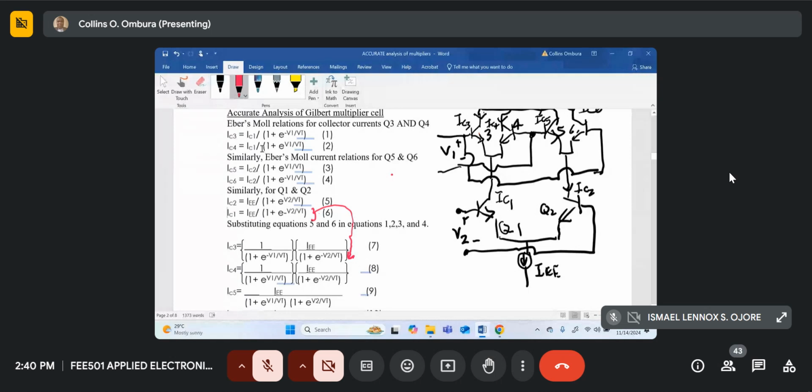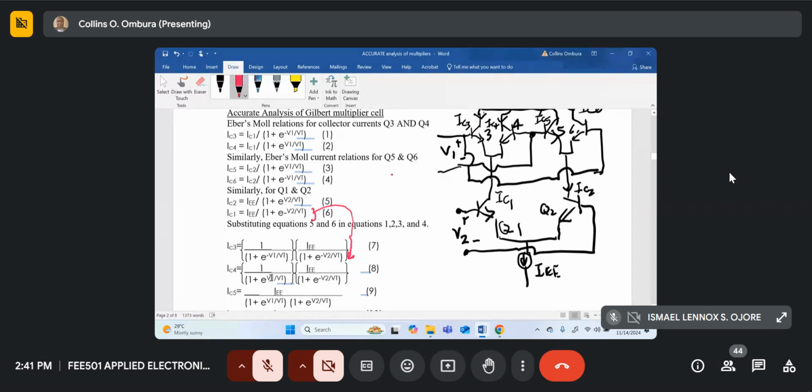If you check carefully, IC1 is equation 6, and you can see the exponent is minus V2. So the minus V2 is here. And the remaining part, which is 1 plus positive V1 by Vt, is on the left.